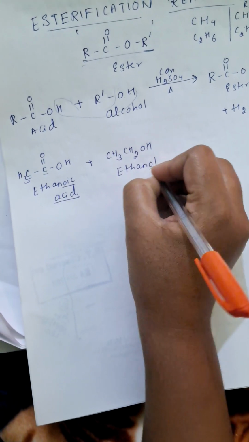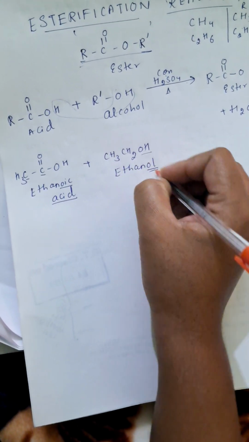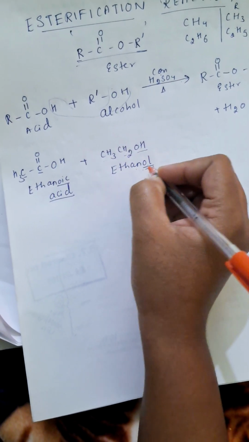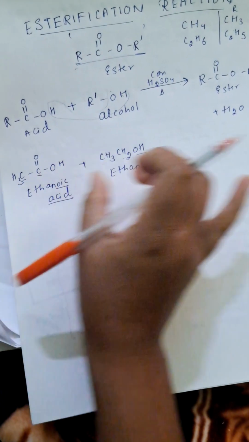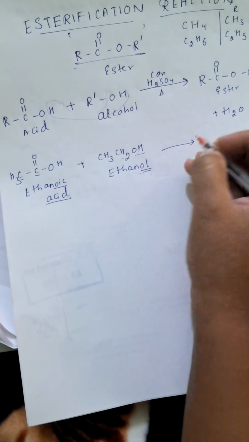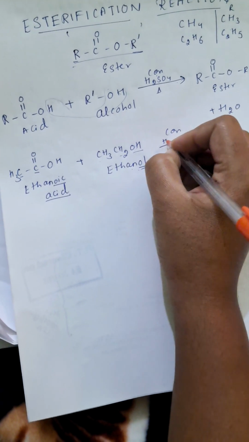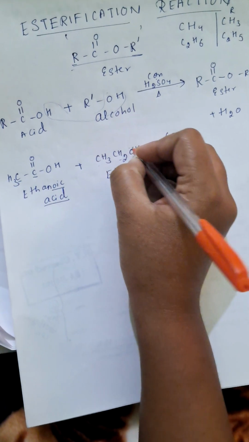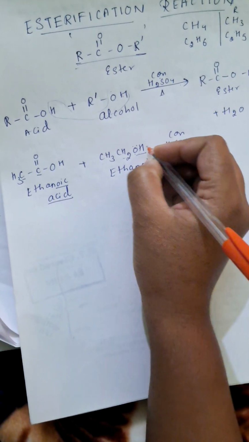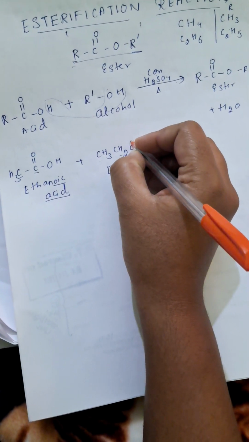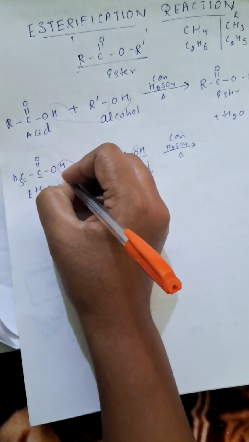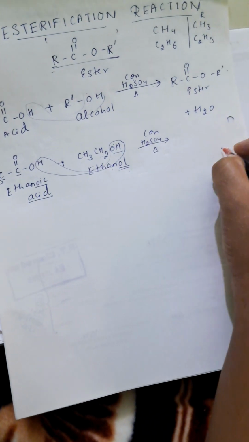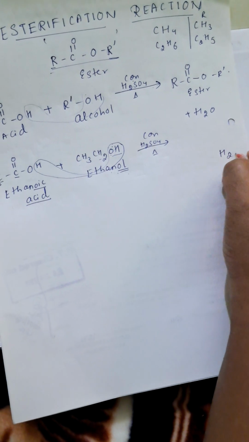Why is it called ethanol? Alcohol is known by the ending ol. Two carbon atoms, eth, single bond ane, ol. So this is ethanoic acid plus ethanol, again in the presence of concentrated sulfuric acid, heating up. What's going to happen? The oxygen and hydrogen from the acid are going to abstract this hydrogen proton, and the water will be removed outside.